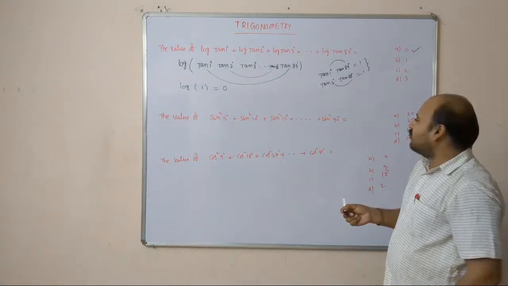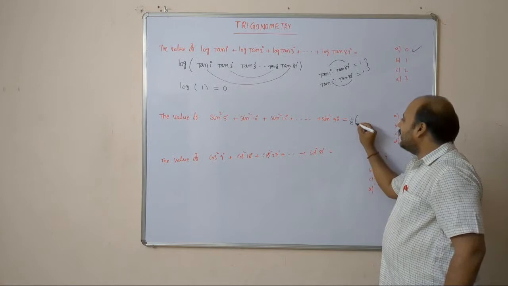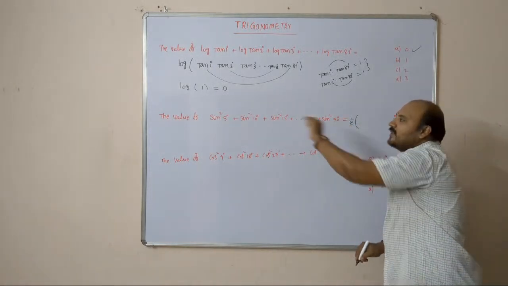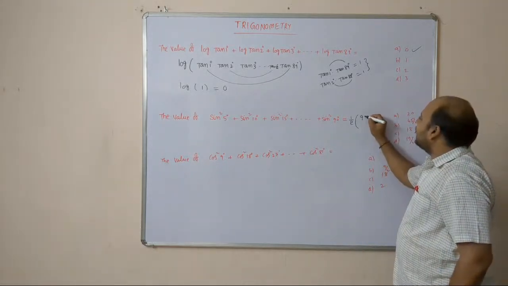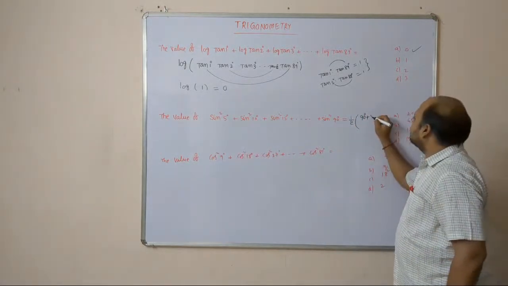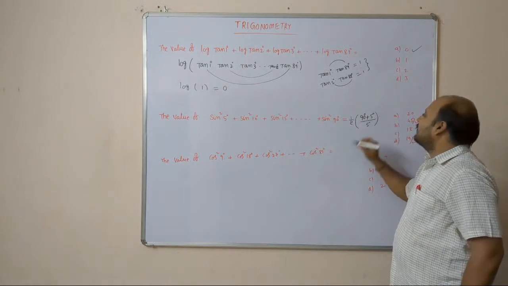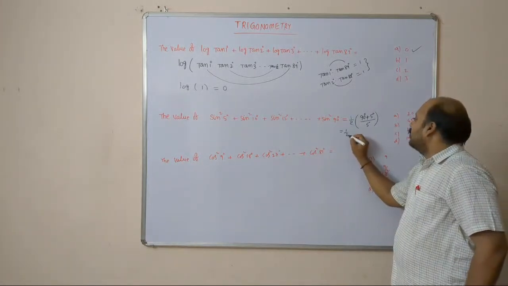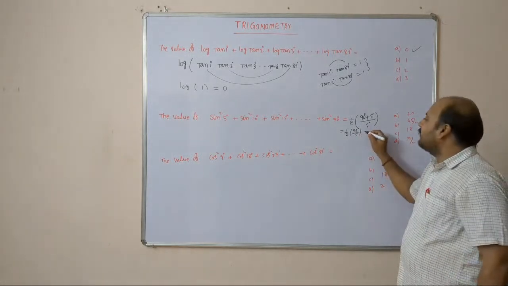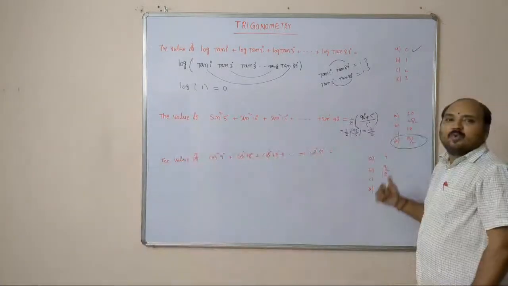So for that, you can write 1 by 2, and for the last angle you add the difference of the angles. Last angle is 90 plus difference angle 5 degrees, divided by the difference of the angle, which is 5. So 1 by 2, 95 by 5. 19 fives are 95. So 19 by 2 will come, dear students. So this is the required answer.